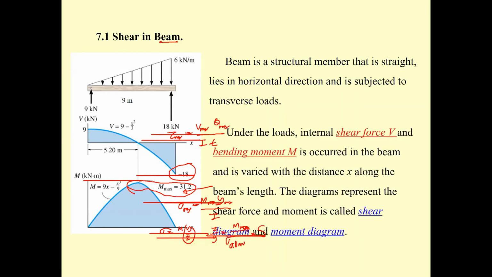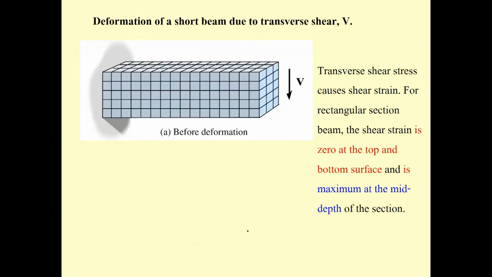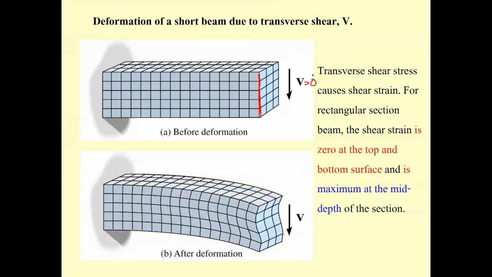Anyway, what we have is the deformation due to shear. If you have a rubber beam and you see on this side before the application of the shear is a straight line, and when this is subjected to V, let's say V is equal to 100 kilonewton, what we have is the deformation over here, and over here is zero.